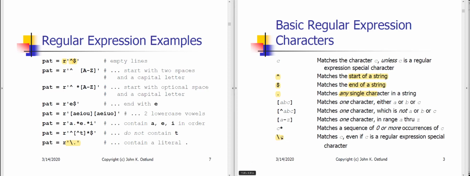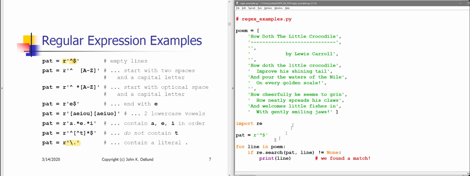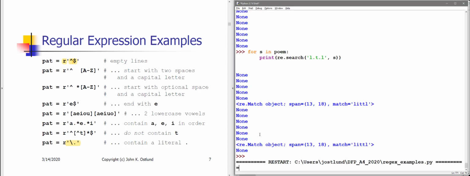And let's see how that goes in my poem. Actually, I have no literal period characters in this poem. So if I do a search for backslash dot, I'm going to get no output.